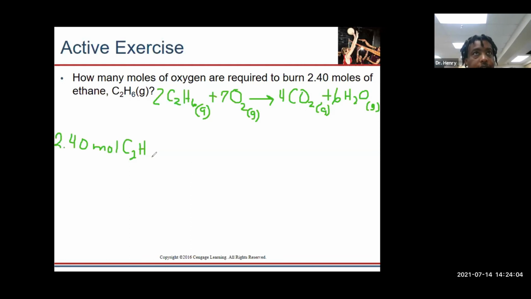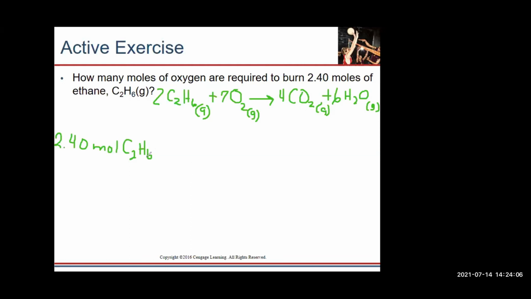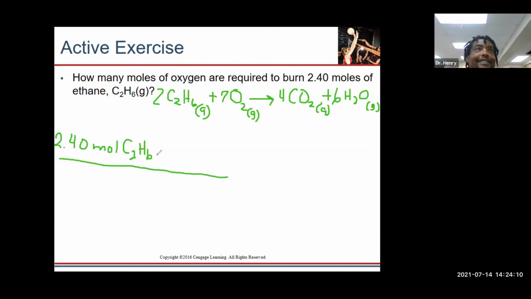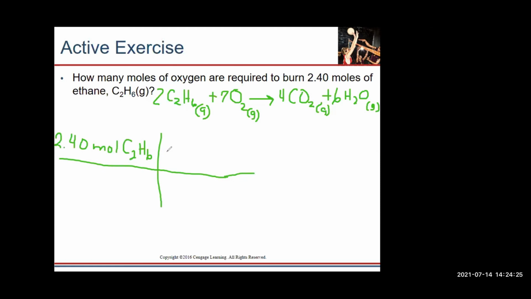So how would I figure that out? So what's going to go on the bottom and what's going to go on top? On the bottom is the C2H6, and on the top would be your oxygen.